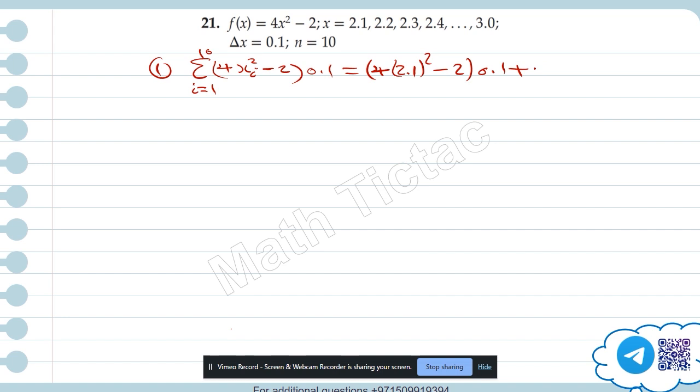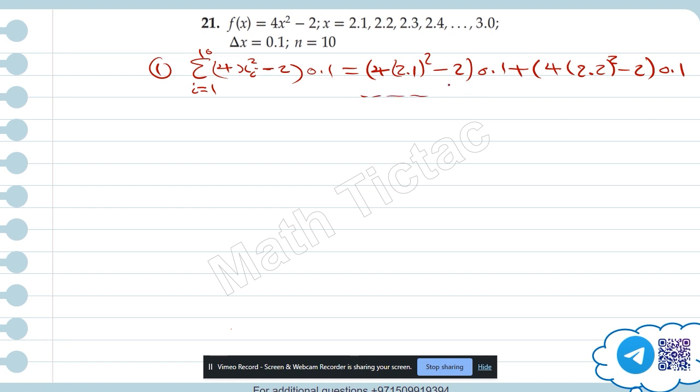So until reaching the last value, which is 3 over here, so it will be 4 multiplied by 3 squared minus 2 multiplied by 0.1. Then you will find the final answer.